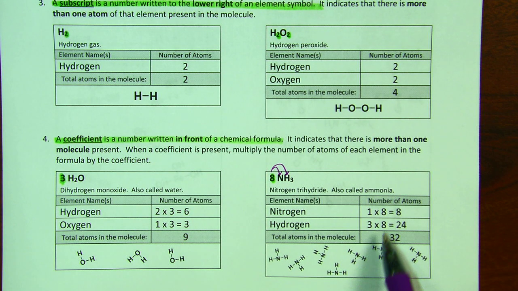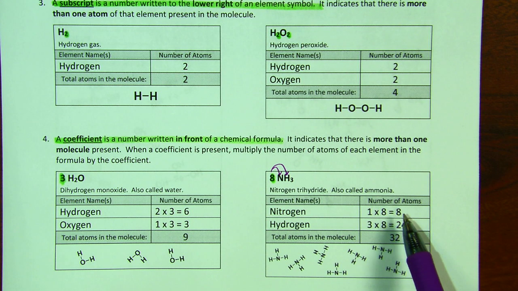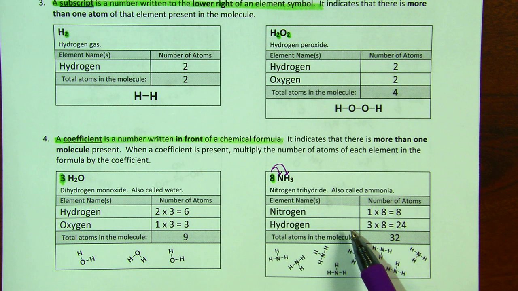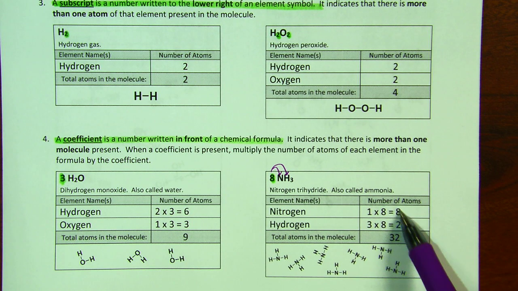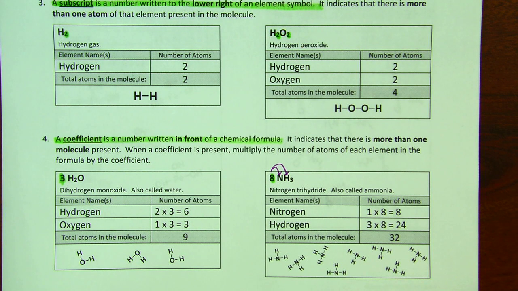So I multiply those by 8. There are 8 total nitrogen atoms and 24 total hydrogen atoms in 8NH3. Then we would add those together for a total of 32 atoms in that entire 8NH3.